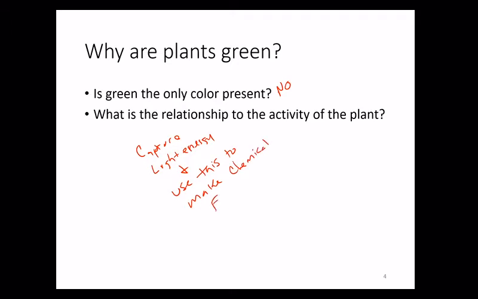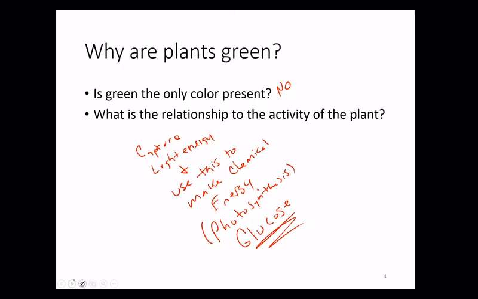We could call this photosynthesis, the use of light energy to make that. And the primary molecule that we're interested in is glucose. And of course, glucose is a carbohydrate that will be used in that.